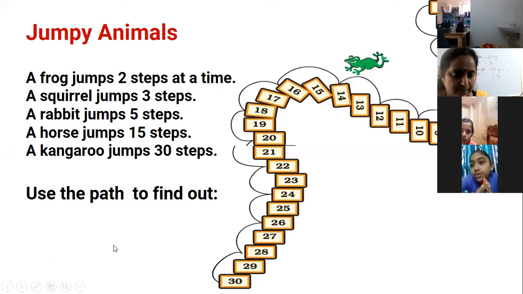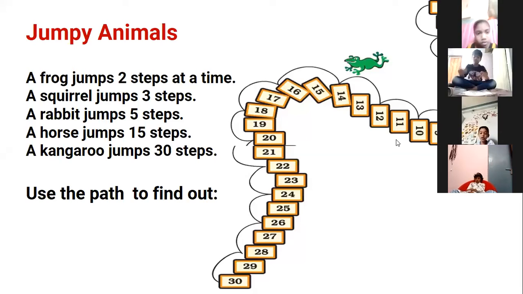Now, jumping animals. We have done it in the previous chapters also. Now we are moving into an interesting topic, jumping animals.